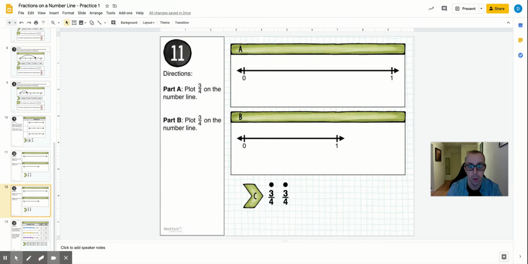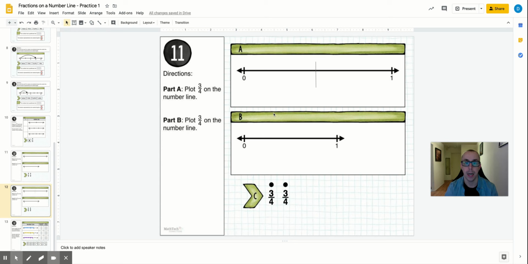Now for this one, we see 3/4. We're going to plot 3/4, so we're actually going to plot all fourths. Remember, to plot out the fourths, you need 3 lines. Now, I would like to point out when you're doing fourths, you can start by doing 1/2, and then to get fourths, you can click another line.